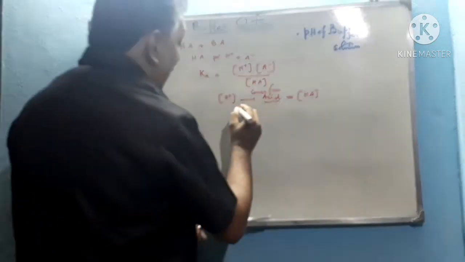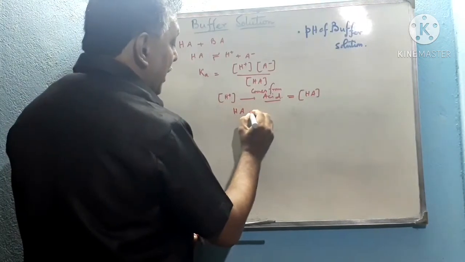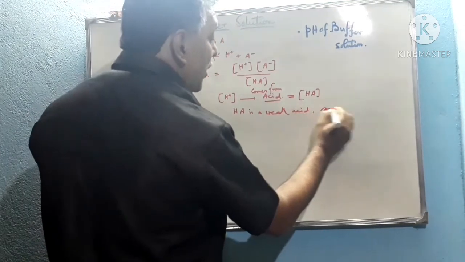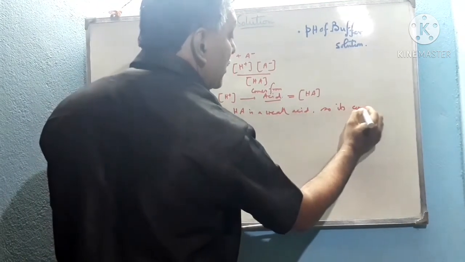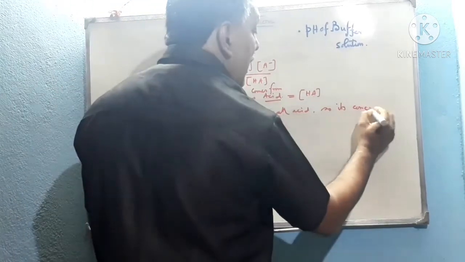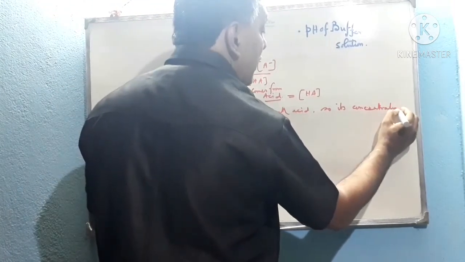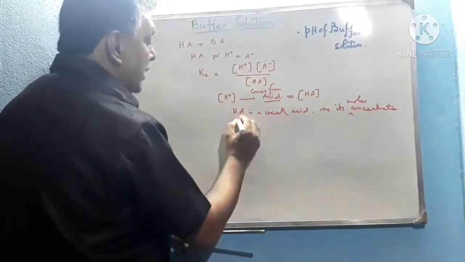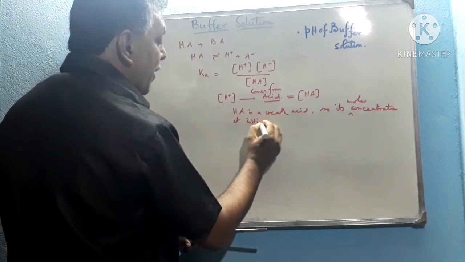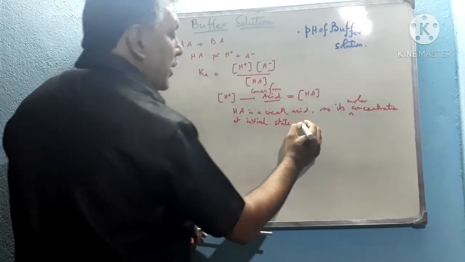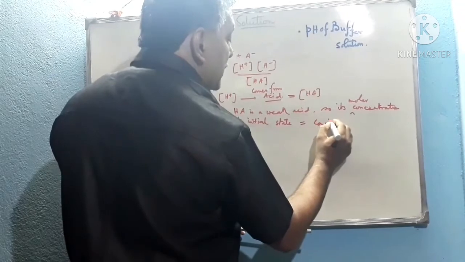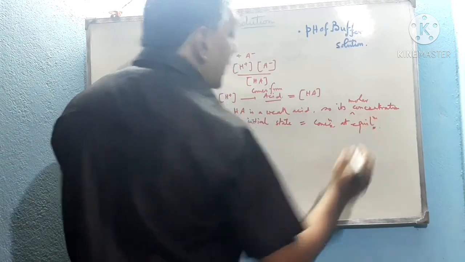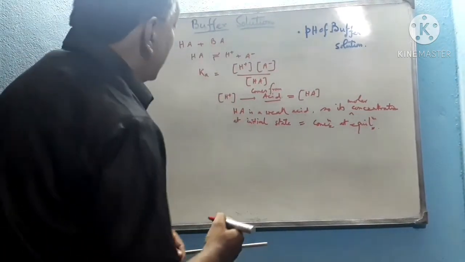And since HA is a weak acid, its concentration, meaning molar concentration always, at the initial state is equal to the concentration at equilibrium, because it does not dissociate so much in excess.